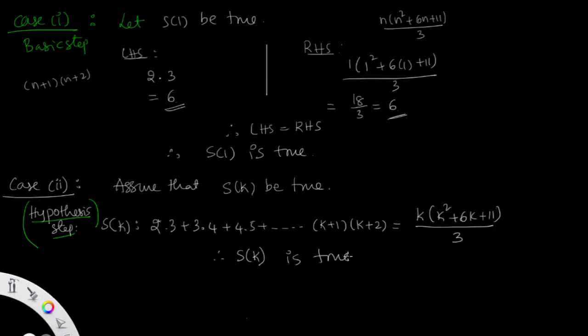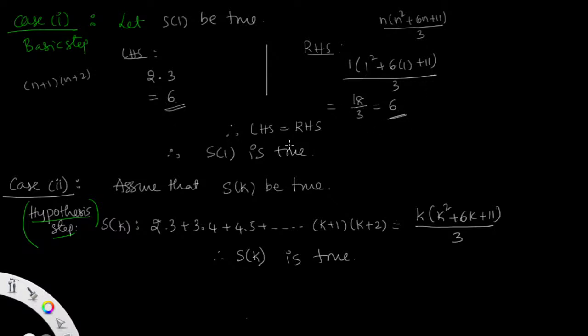The basic step and hypothesis step are very easy. What is the basic step? Put n equal to 1; we substitute in the nth term, 1 plus 1 and 1 plus 2. So 2 into 3 is 6. On the RHS, 1 into (1 square plus 6 into 1 plus 11) by 3, the total value becomes 18 by 3, which is 6.